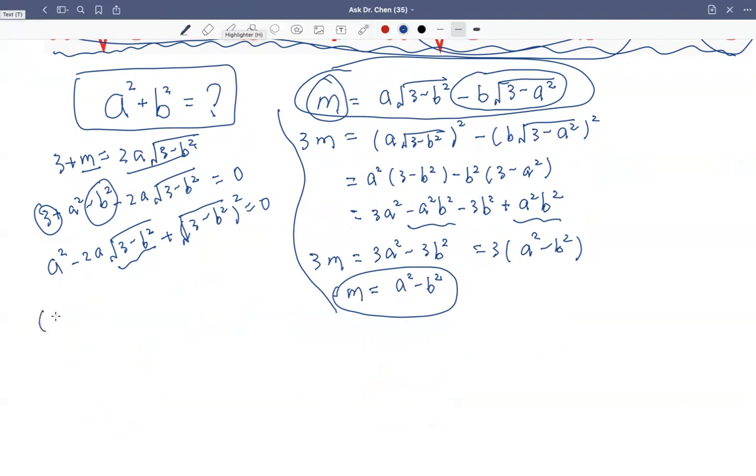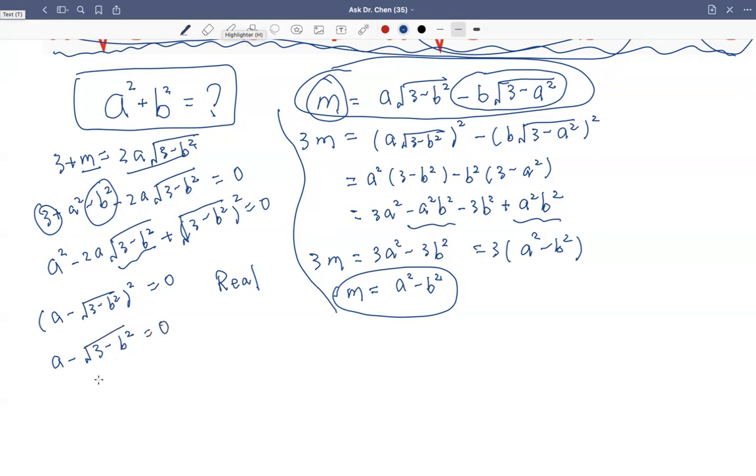So we have a minus square root of 3 minus b squared, squared, equals 0. Well, we're in the real number system, right? We're not talking about complex numbers yet. Real number system means if something is squared, it has to be non-negative, which means the least value is 0. So that forces a minus square root of 3 minus b squared to be 0.